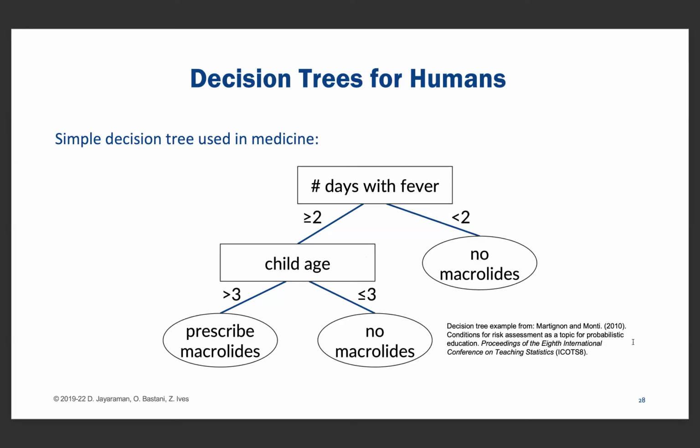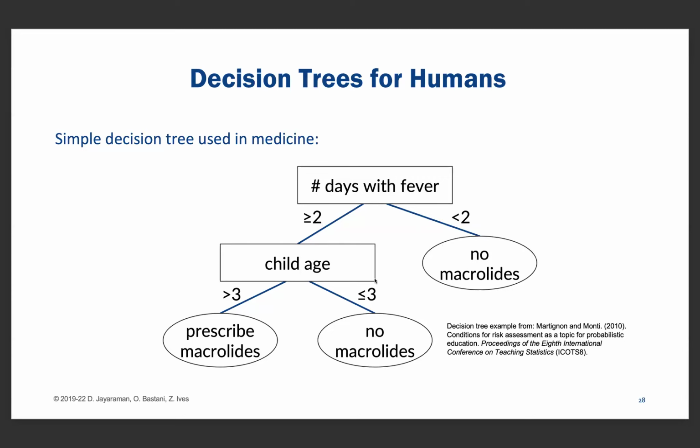And supposedly, it's taken from 2010. So this might even still be a working decision tree which medical doctors are using. If you need to treat a child with a fever, and the age of the child is above 2 or below 2, you don't give this special class of medication.